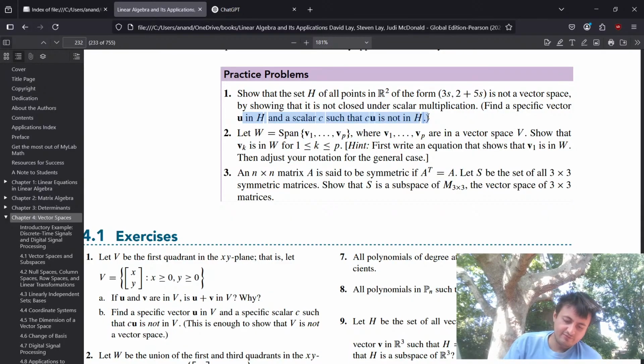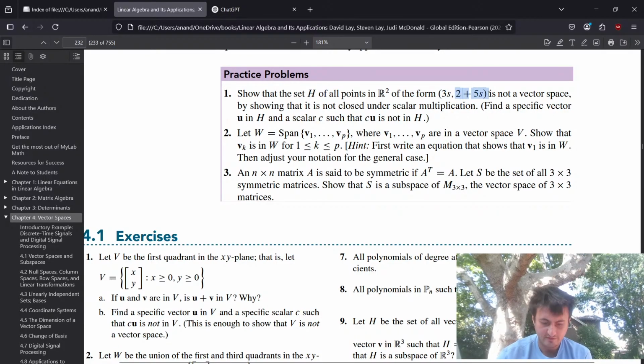And we get s equals 2 for the first equation. And then if we plug that in, we get 12 here, which doesn't match. So anyways, what you do is you take s equal to 1, so then you get 3, 7. Then you take c equal to 2, so you multiply that by 2, so you get 6, 14.